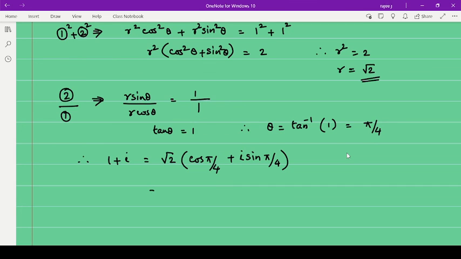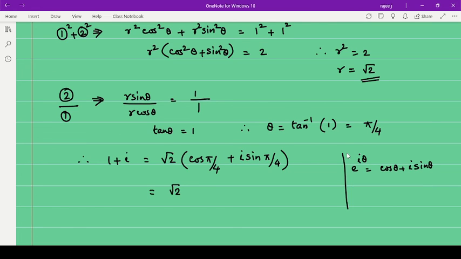Now this can be represented using Euler's form. e raised to i theta equals cos theta plus i sin theta.